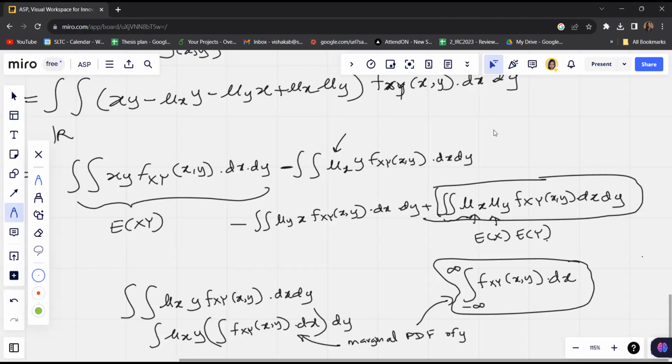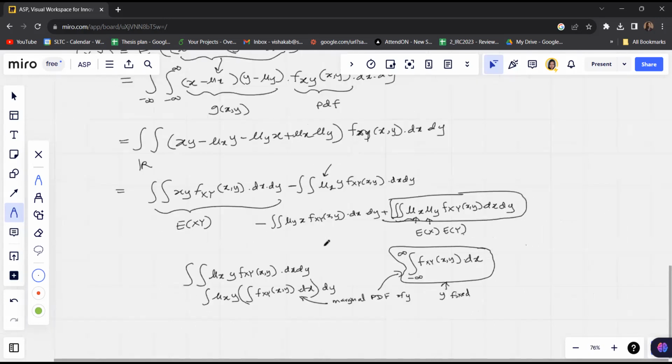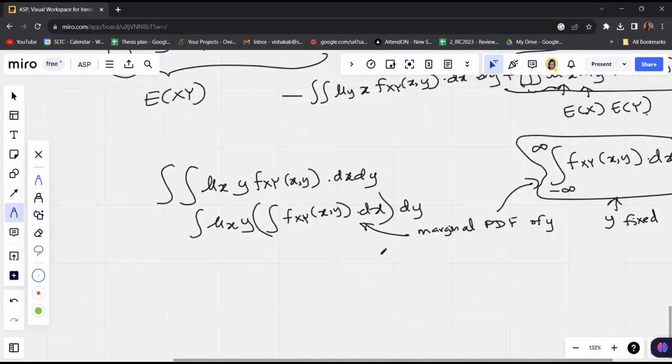The reason is that here we are keeping the value of y fixed at a certain point, and then we are varying the value of x over all possible x values. Because of that, we call this integration the marginal PDF of y. So inside these brackets, what we have is that same expression, the marginal PDF of y, which we can input here.